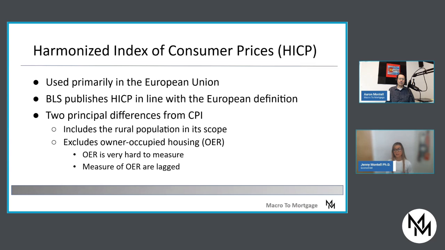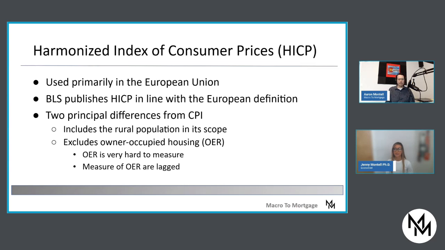And if you watch our video that Aaron just mentioned from previously, it'll talk about how the CPI excludes the rural population. But importantly, it excludes owner occupied housing, or that owner's equivalent rent. And like I said, basically because it's hard to measure and measurements of it are lagged. And we're going to get into all of that in more detail here in the next few slides.